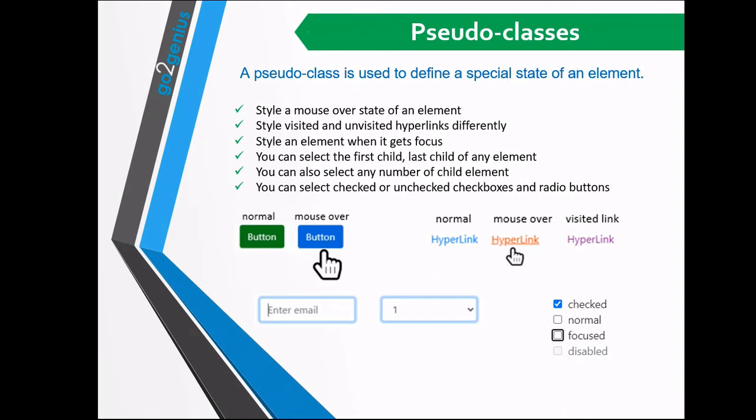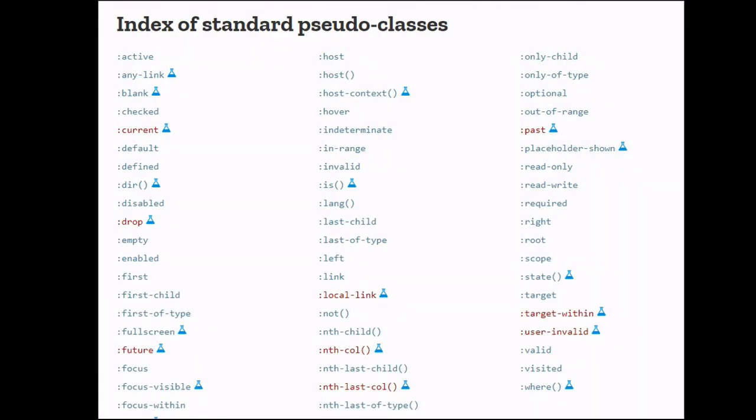Friends, we have lots of pseudo classes in CSS and we will use some of them in our code to understand how we can use them in CSS and how to write the code for pseudo classes. So let's have a look at the list of pseudo classes in CSS. Here you can see the lots of pseudo classes we have, like active state, current state, checked, and disabled state.